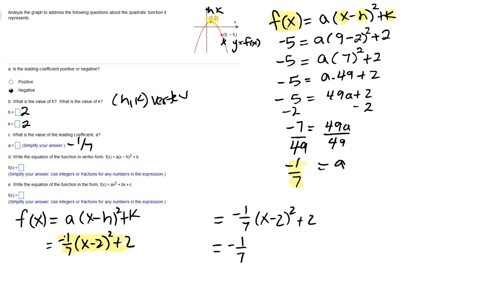It's negative 1/7 times (x minus 2) times (x minus 2) plus 2. We'll multiply out that x minus 2 times x minus 2. That's x squared minus 2x minus 2x plus 4, plus 2.